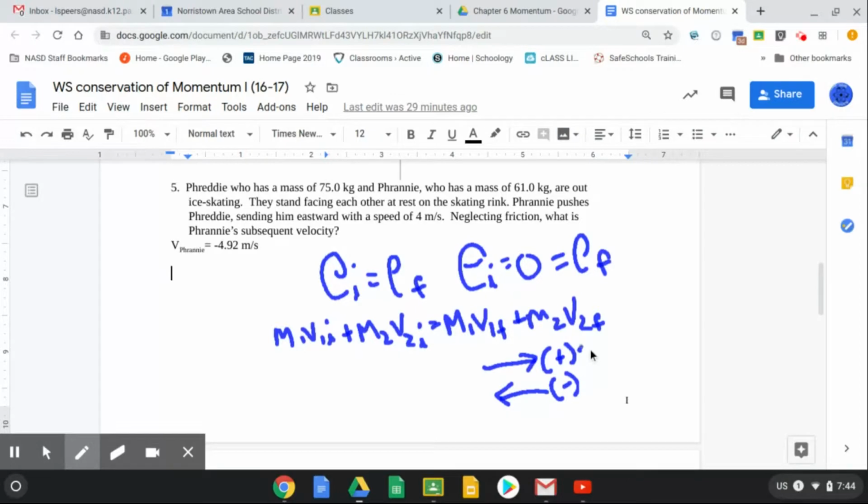Remember, the initial momentum is going to be 0 because both objects are at rest, making the final momentum 0. One object has to go in the positive direction, the other object has to go in the negative direction. That's the only way we can have a total momentum of 0.